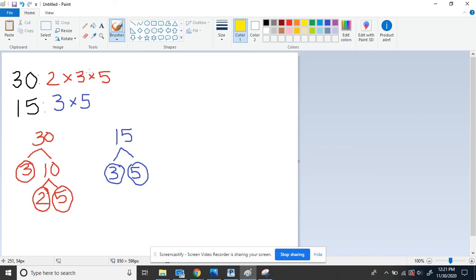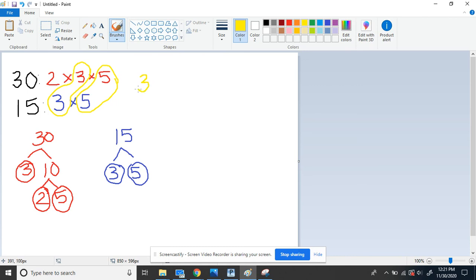Now I see if there's any in common. So I'm going to put a circle around these because there's a 3 and a 3. And a circle around these because there's a 5 and a 5. Now I take those common prime factors and I multiply them together.